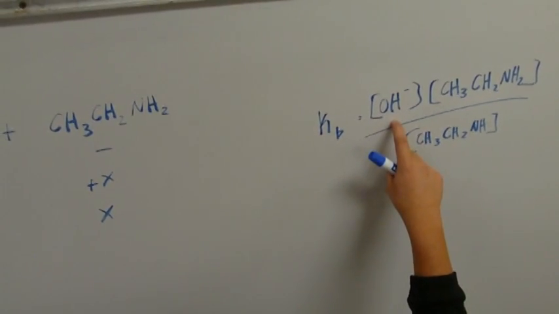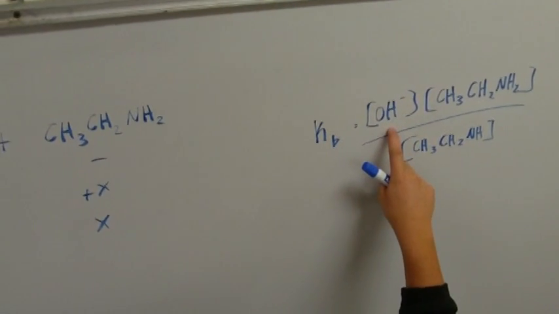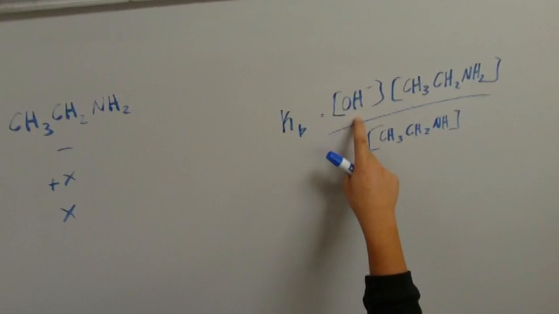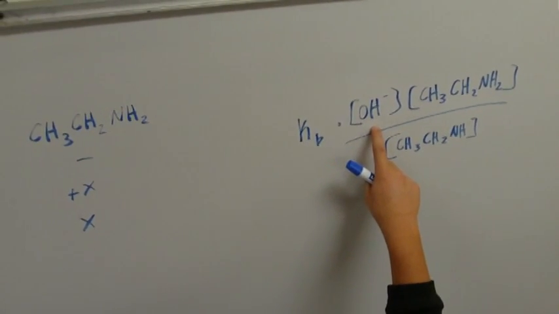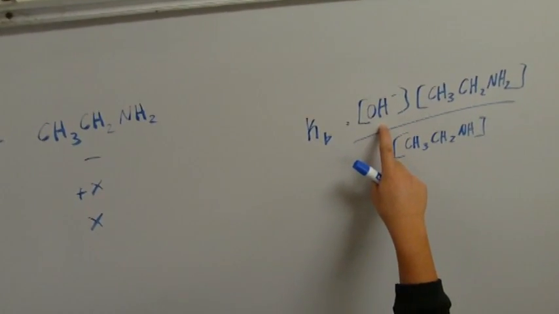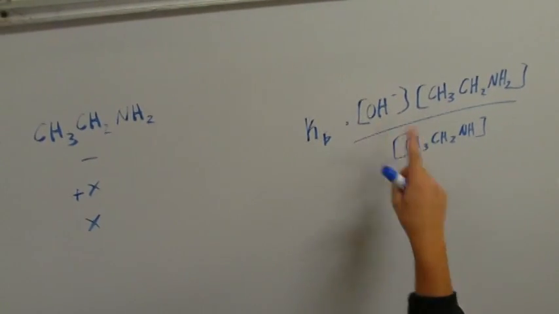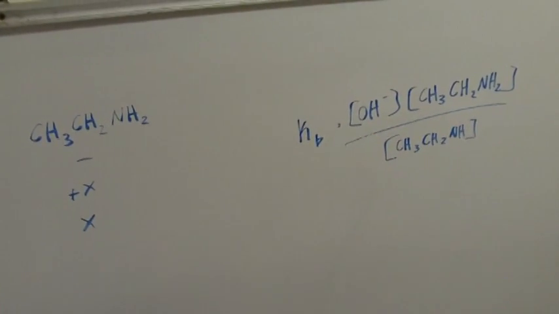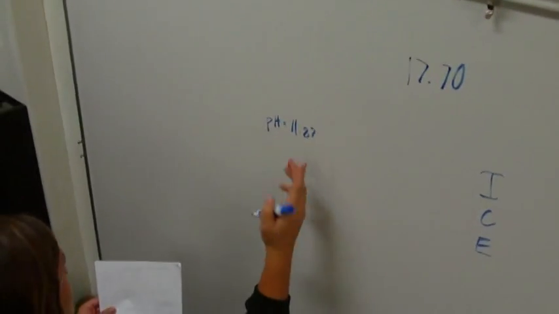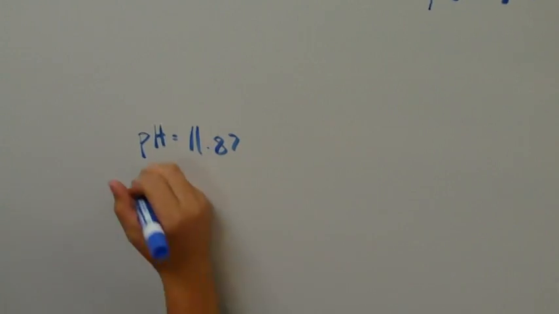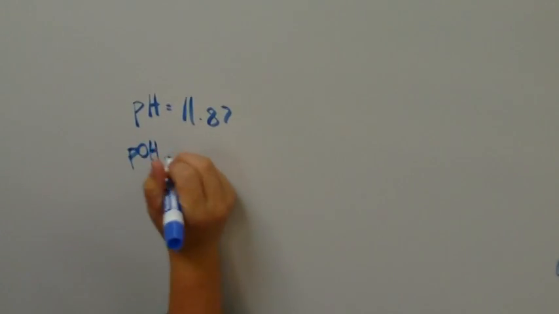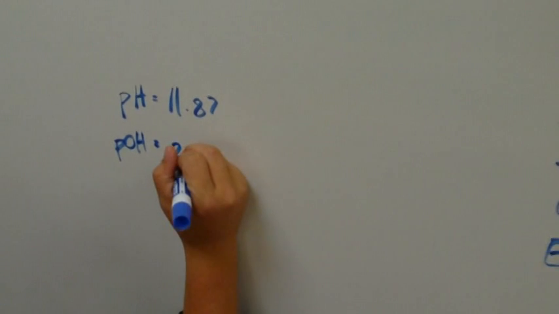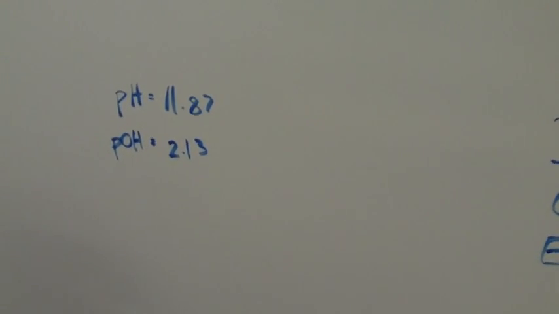But they give us the pH, which is great, so we can use that to find the pOH and then find what OH minus is. They tell us that our pH is 11.87. The pOH is just 14 minus that, which is going to be 2.13.